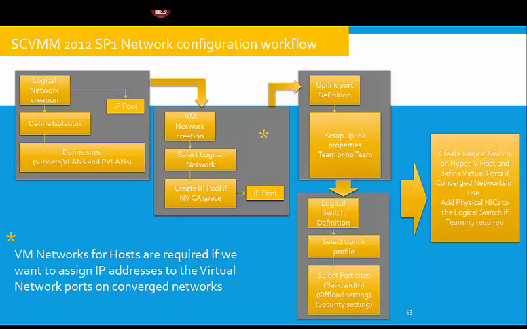The VM networks are VMM network objects that you will use to assign to your VMs or hosts to define the type of the connection and what subnets or VLANs. During virtual machine provisioning or host deployments, we need to have the defined VM networks that we want to use to control and automate these provisions or deployments.